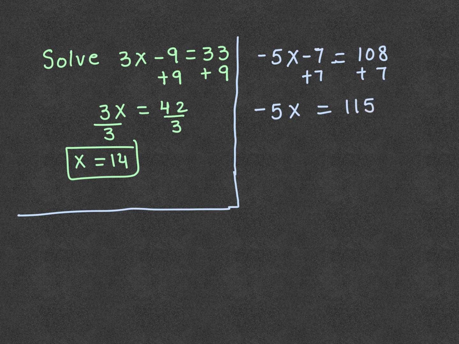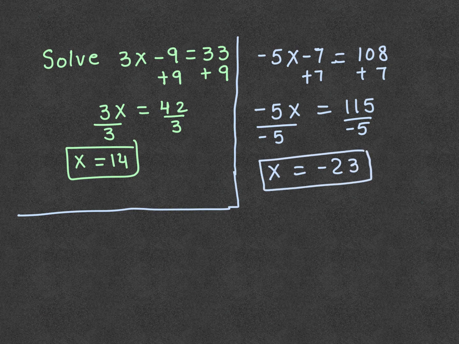To remove this negative 5 from x, this negative 5 is multiplied to x, so the opposite operation is to divide by negative 5 on both sides, and x should be equal to negative 23. 115 divided by 5 is 23.